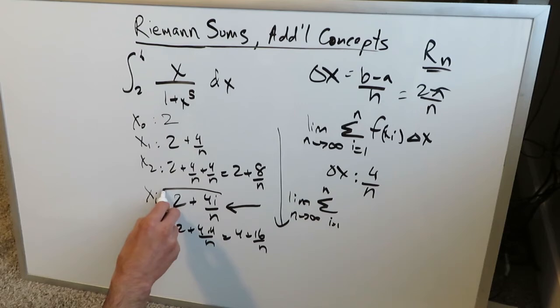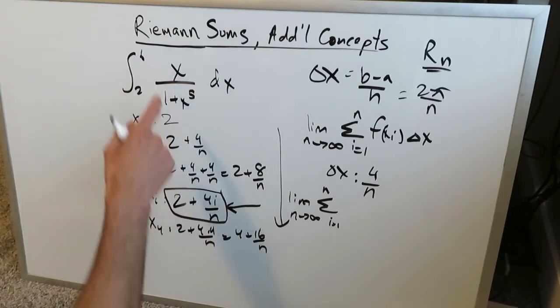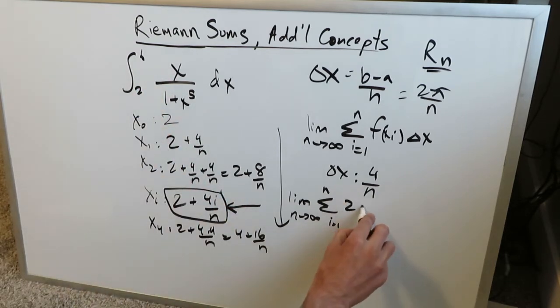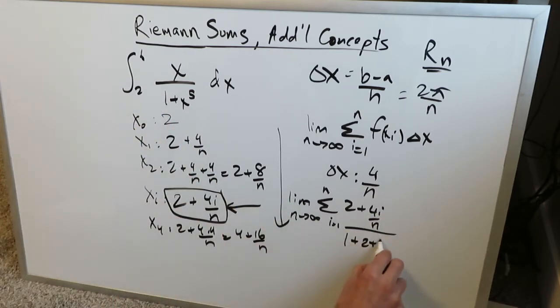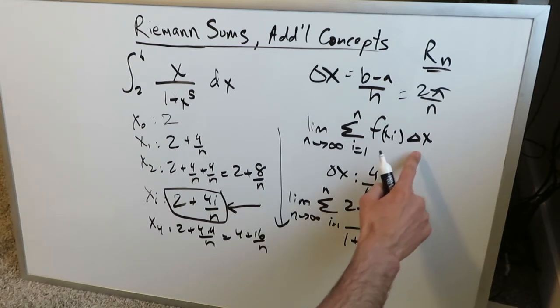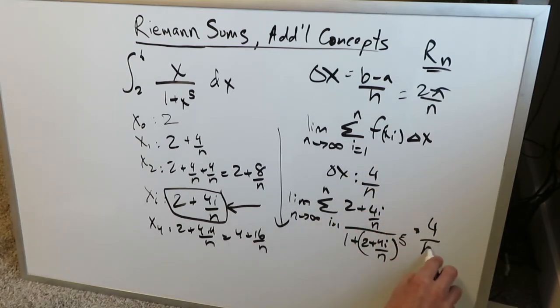This is what we have to plug in in place of x: 2 plus 4i over n, over 1 plus 2 plus 4i over n, to the power of 5, because x to the power of 5. All of this will be multiplied by your interval, which is delta x, which is 4 over n, and your answer will be completed.